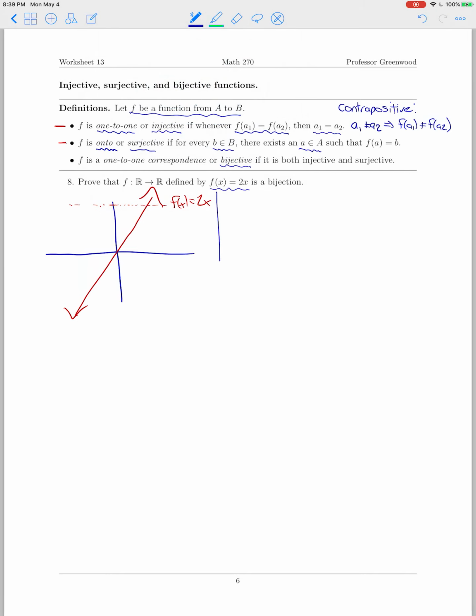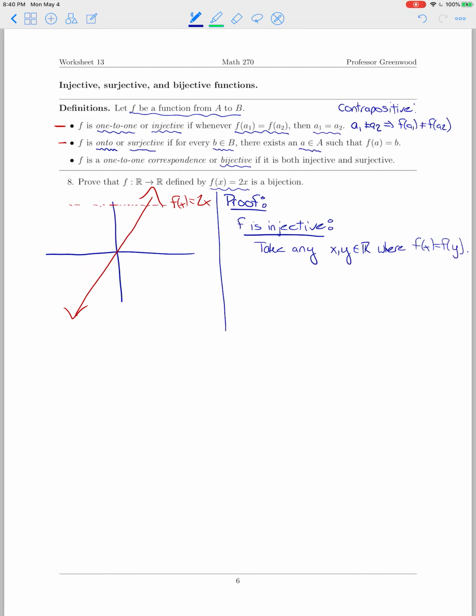Okay, so now we're ready to prove this using the more formal definitions. The first thing I'll want to show is injectivity. Following this, I'm going to show that f is injective. What I need to do is take any x and y in the reals where f of x is equal to f of y.